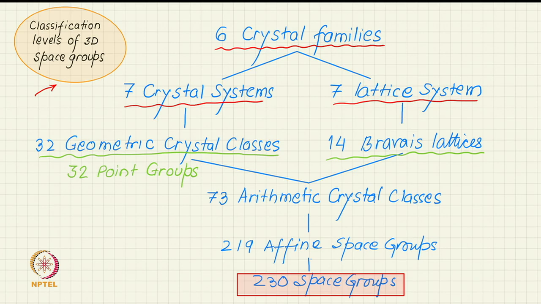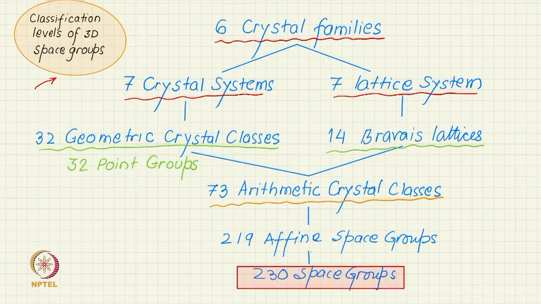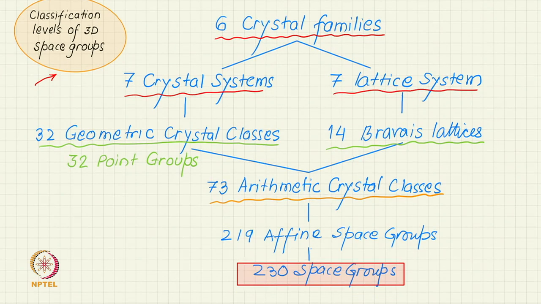Lower down, a finer classification is into 73 arithmetic crystal classes. Again, we will take up this concept in a separate video. Finally, you go to 219 affine space group types, and you end up with 230 space groups as the finest classification.